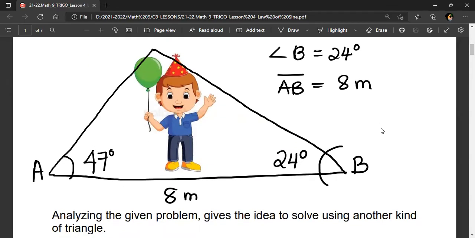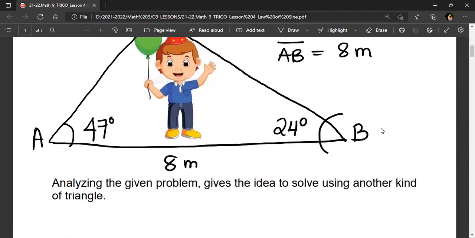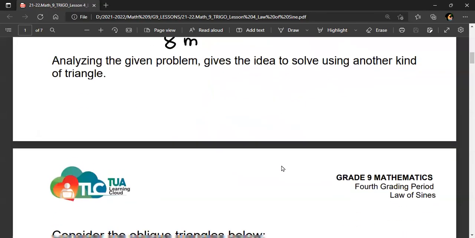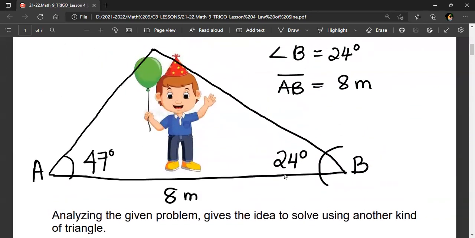This kind of problem gives us the idea of an oblique triangle that can be solved. It differs from a right triangle. Now, let's move on. Before we solve the given situation, let us have an idea of an oblique triangle under sine law.